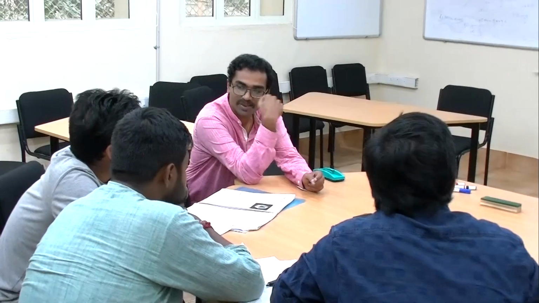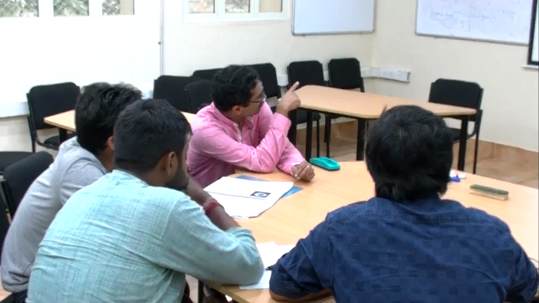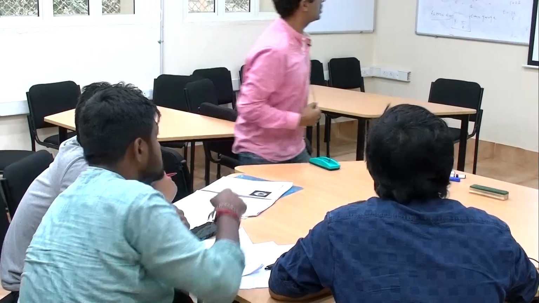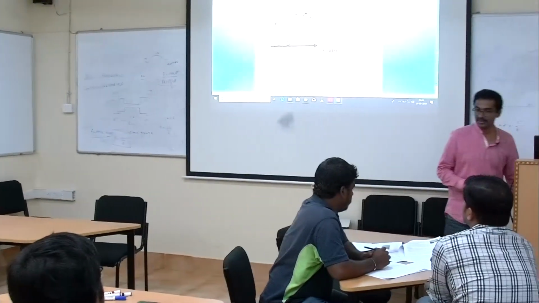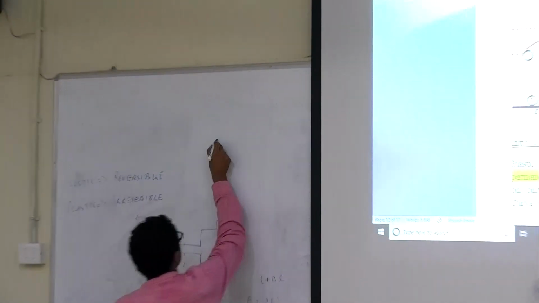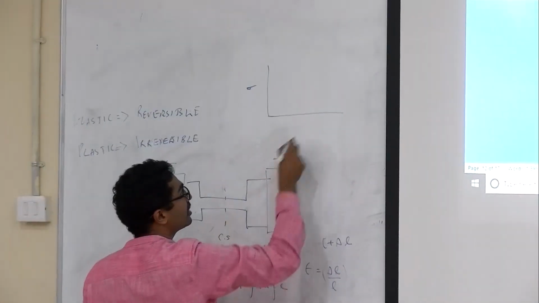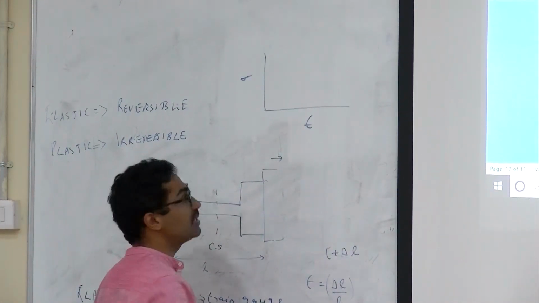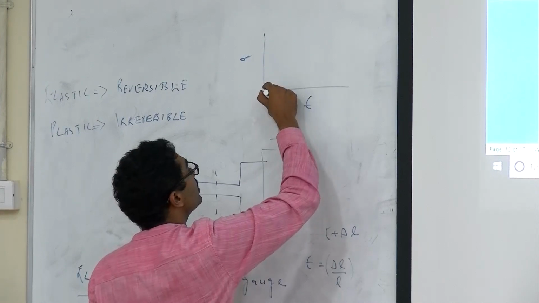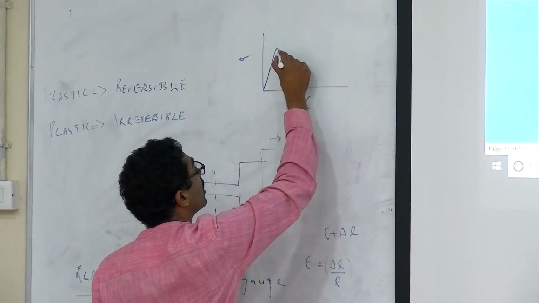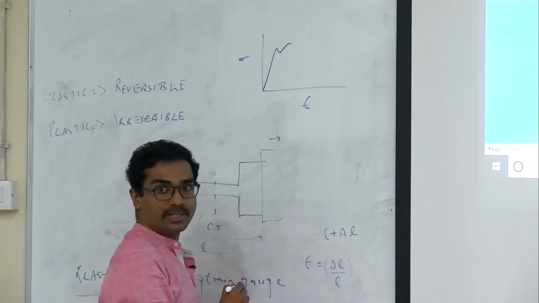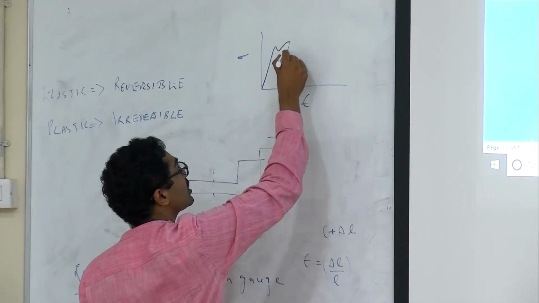So what do you find? So the stress is on the y-axis, strain is on the x-axis. What do you find? Yes. So this is the strain. So let me plot it here for your convenience. What we have is stress on the y-axis, strain on the x-axis, and what we are doing is we are straining it a wee bit, and then we are releasing the stress.